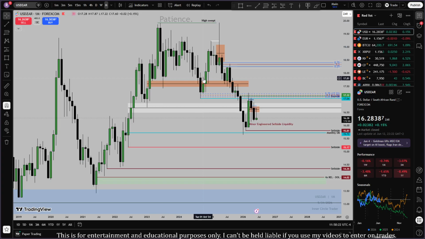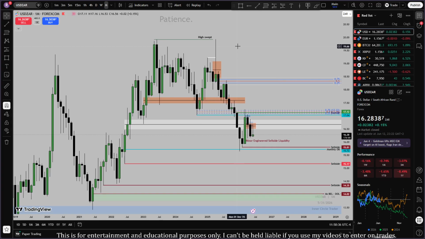People selling rand or buying dollars to make a profit, people selling here, waiting for the lower prices with this run.